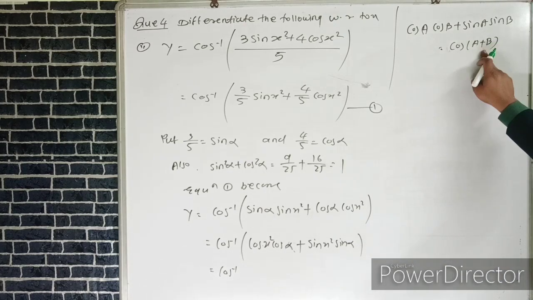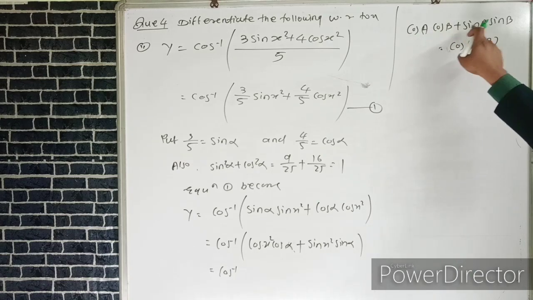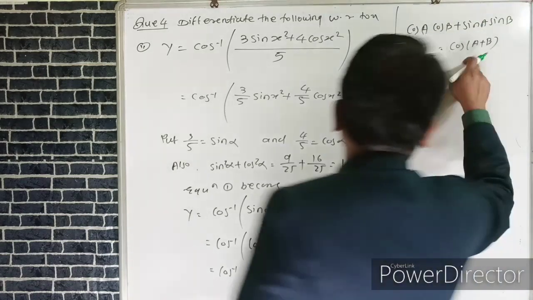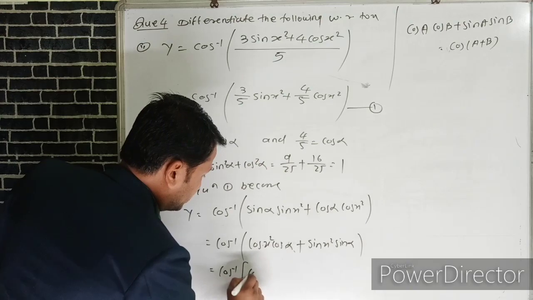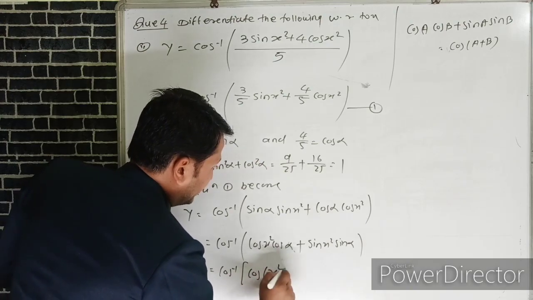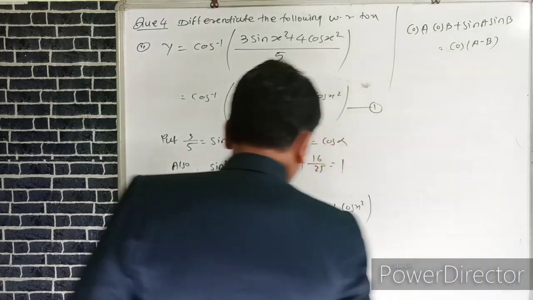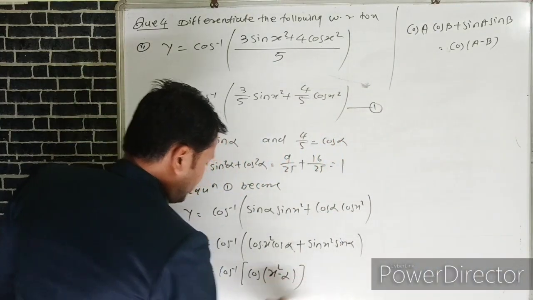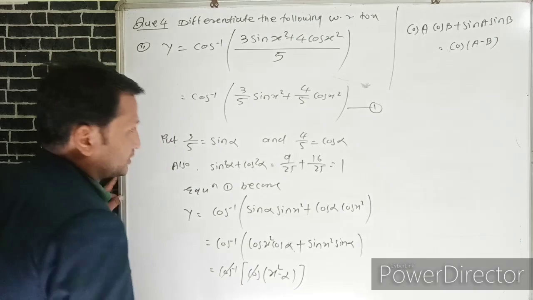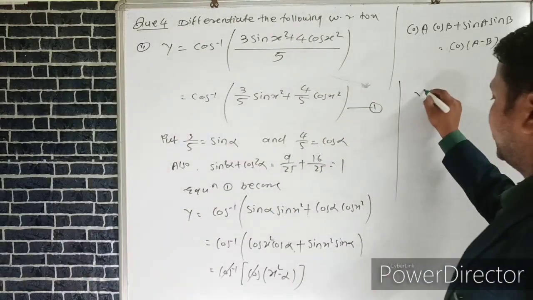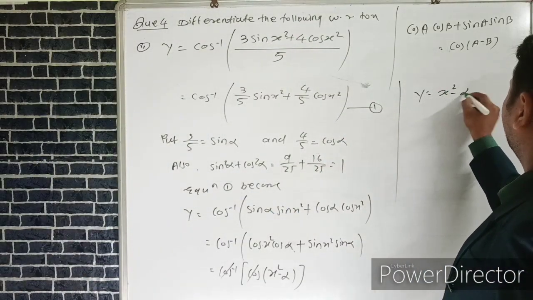Cos of a minus b is equal to cos a cos b plus sin a sin b. Hence we can write this whole term as cos of x square minus alpha. We can cancel cos inverse cos, hence we can write y is equal to x square minus alpha.